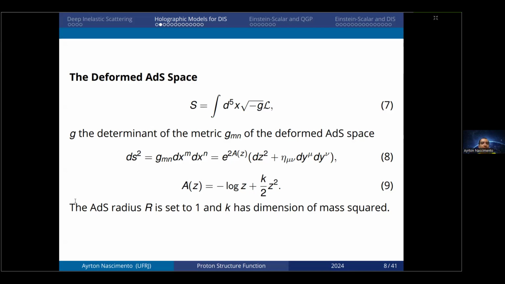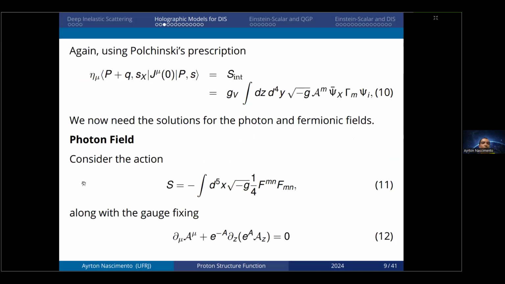So how do you do deep inelastic scattering in a problem like this? You have the space-time, and you are going to work the fields inside your Lagrangian for this space-time. So you use again the Polchinski prescription, in which you need the photon field and the Fermi field.